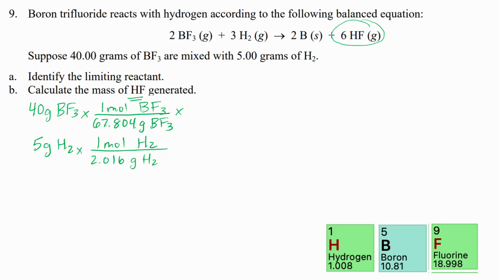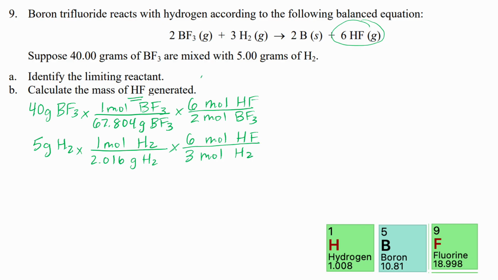And now that I'm in moles, I can go ahead and do the mole ratio to go from my reactant into my product, which is HF. And remember, this is our mole ratio where we get the numbers from the balanced chemical equation. So I have 6 moles of HF, I have 2 moles of BF3, and I have 3 moles of H2.